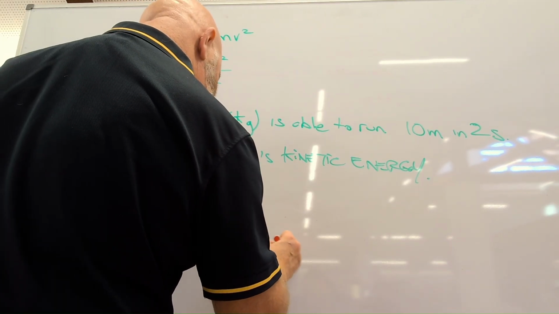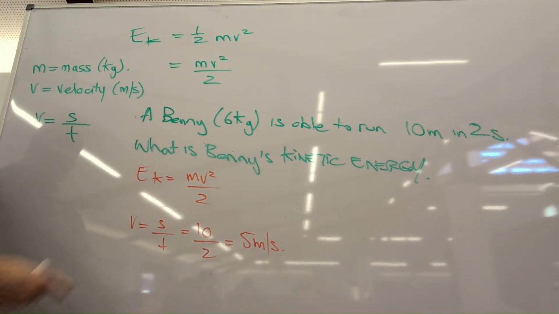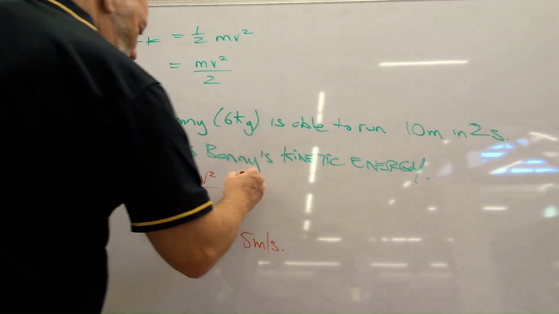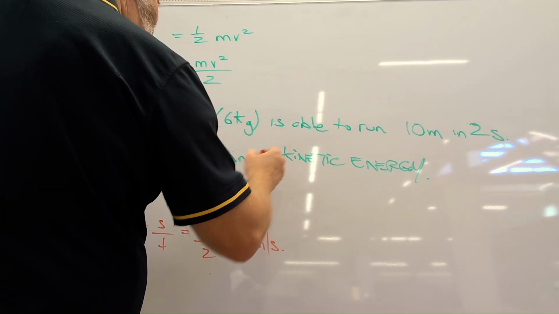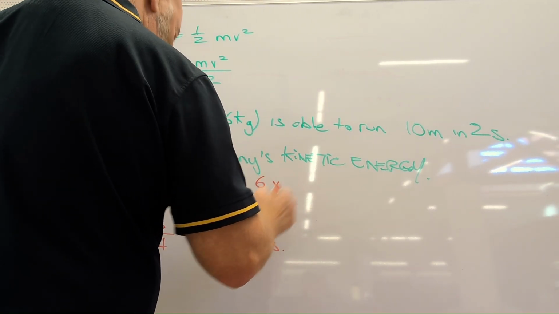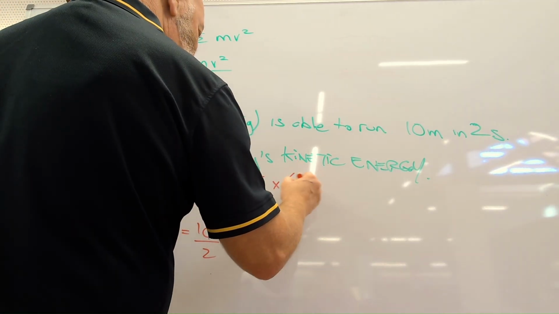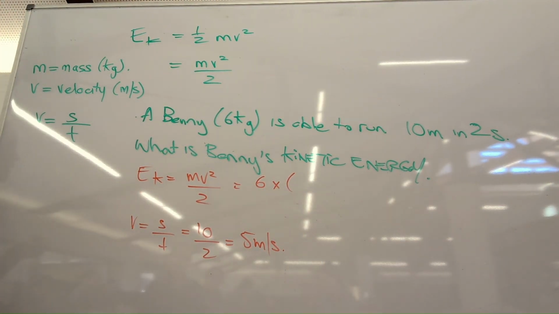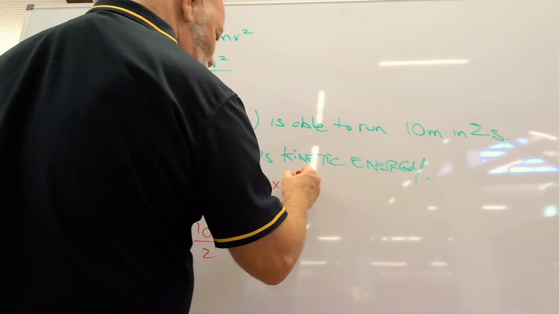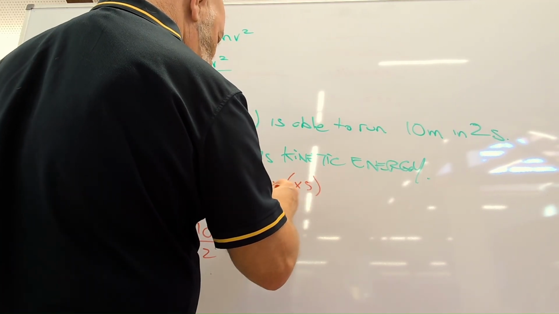So now we know the mass, we know the velocity, and 2 is always 2. So we can write over here, m, he was 6 kilograms, times v squared, and squared means times by itself. So it's 5 times 5, or 5 squared, divided by 2.